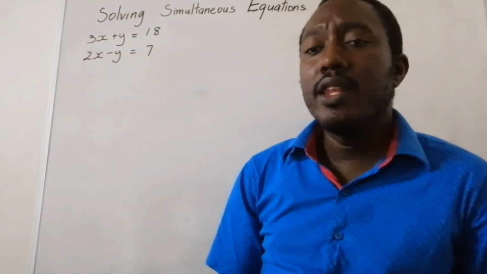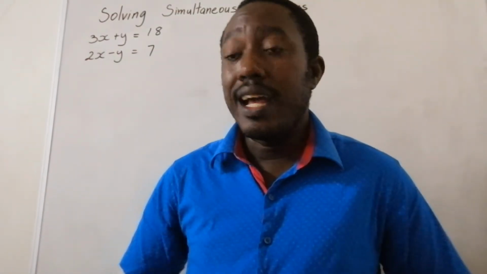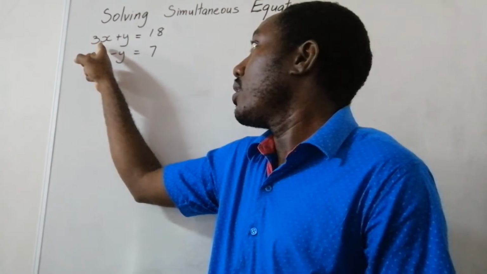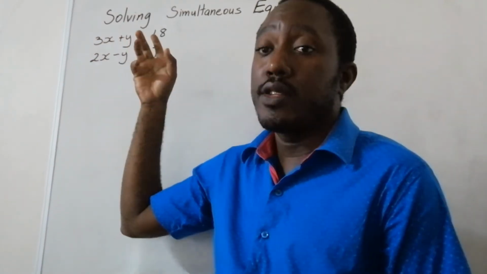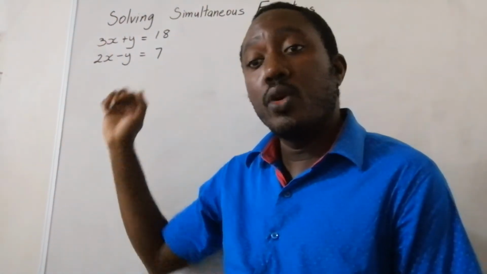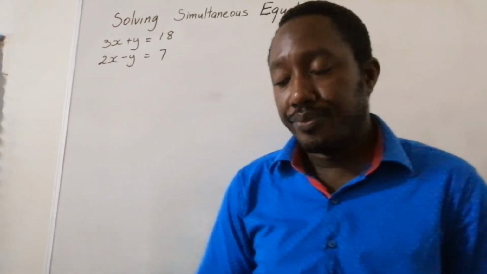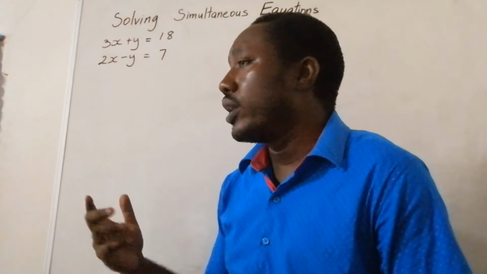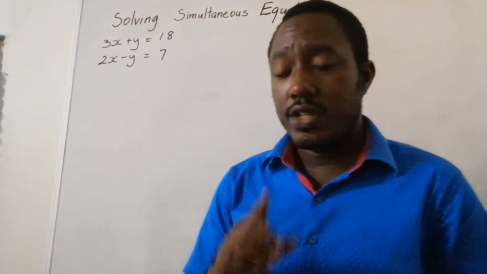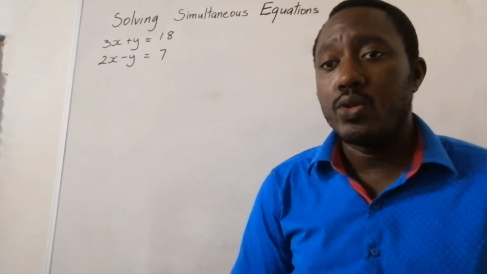Now, we can't use one equation to solve this. We need to use both equations to solve this type of equation, the simultaneous equations. There are two methods we will use to do it.